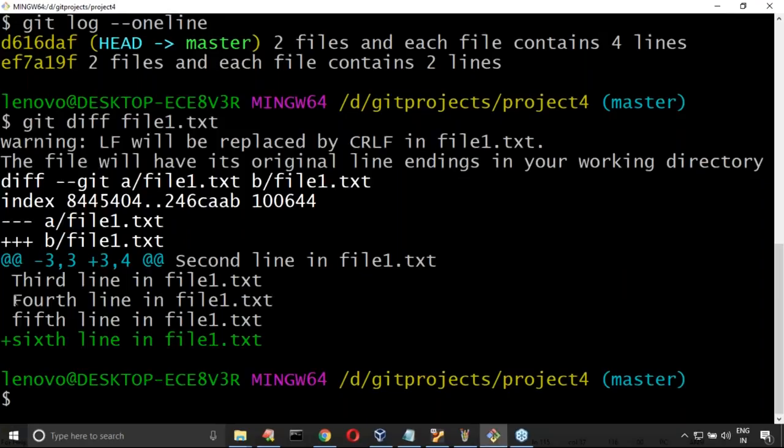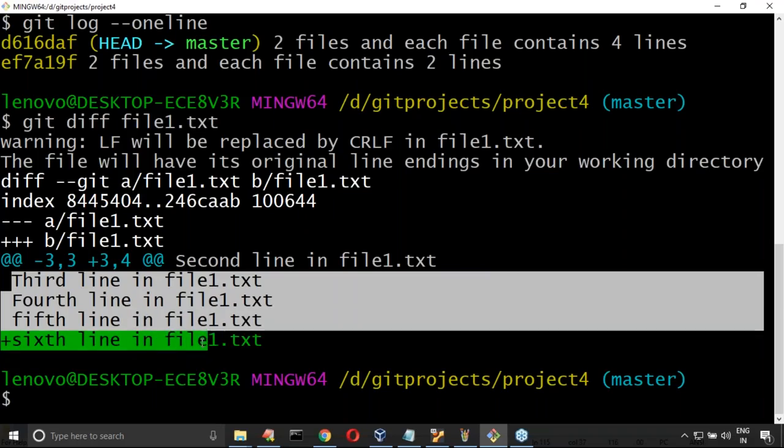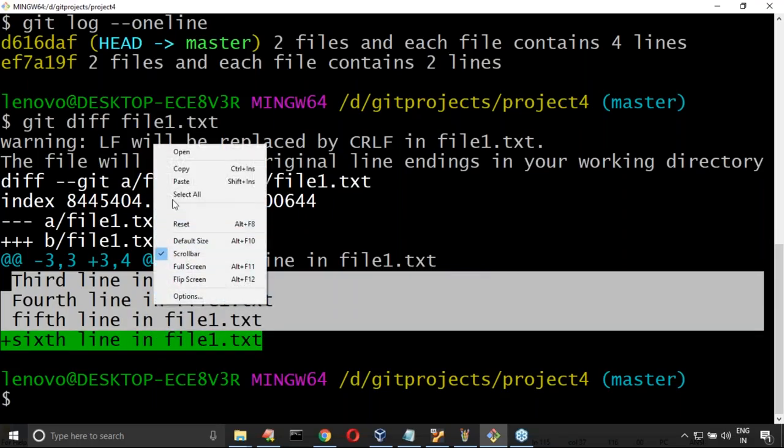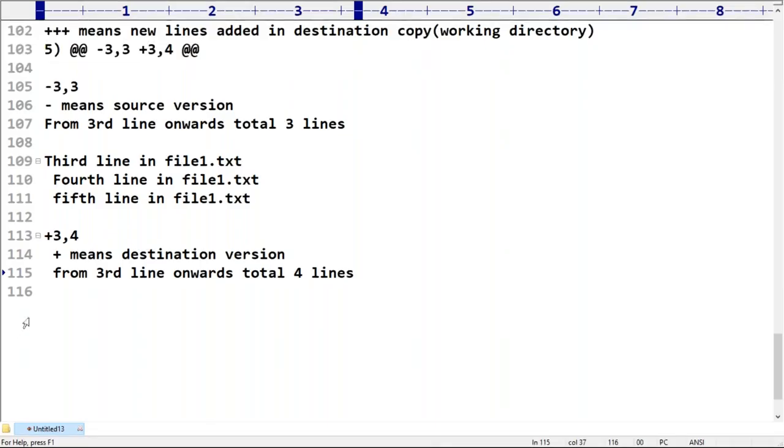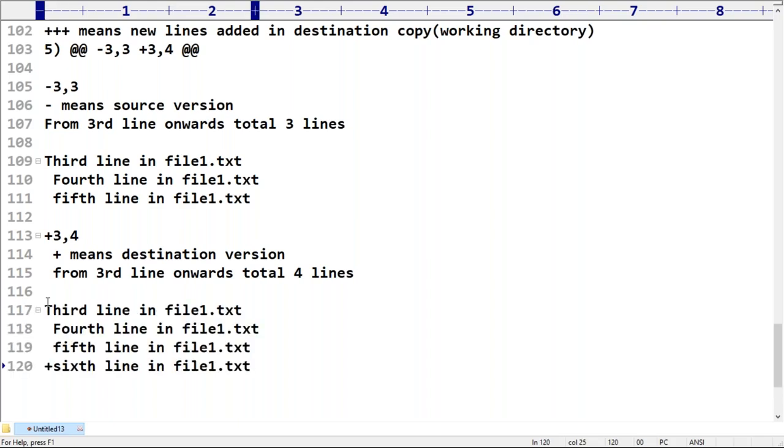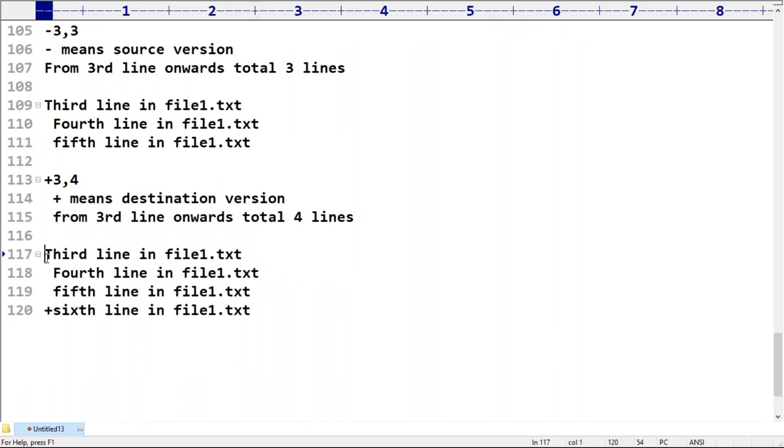Can you please confirm that in the destination copy, from the third line onwards, there are a total of four lines? Friends, please observe, we are performing a postmortem on each and every line.